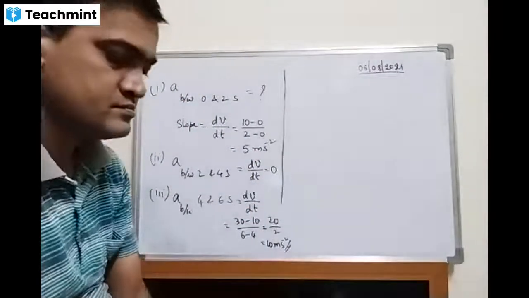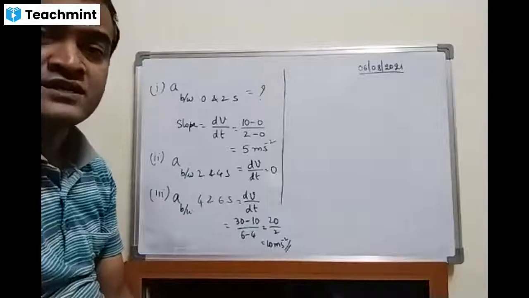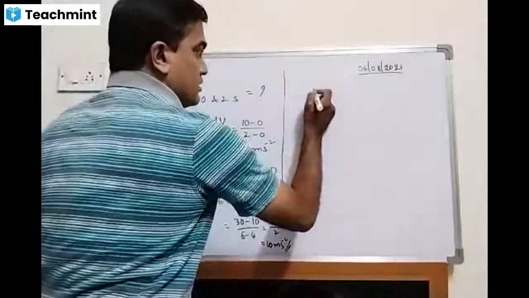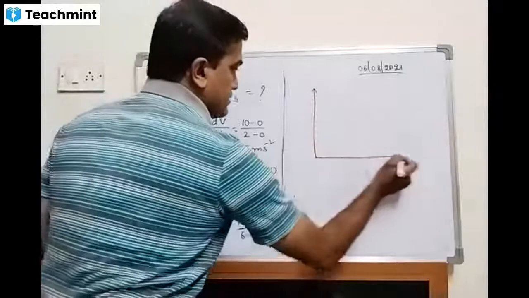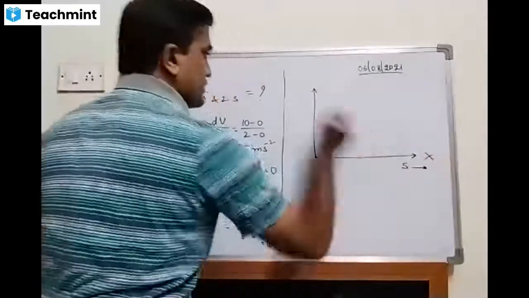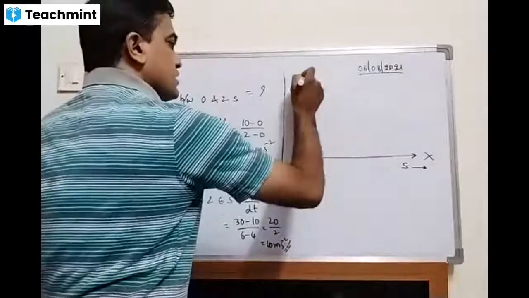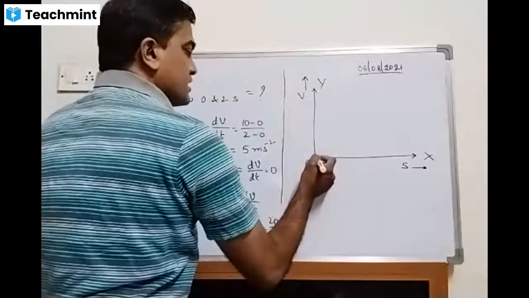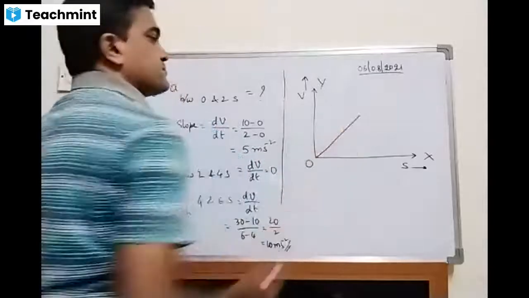Velocity and displacement. Now, let me take displacement along the x-axis, velocity along the y-axis, and the graph looks like this.